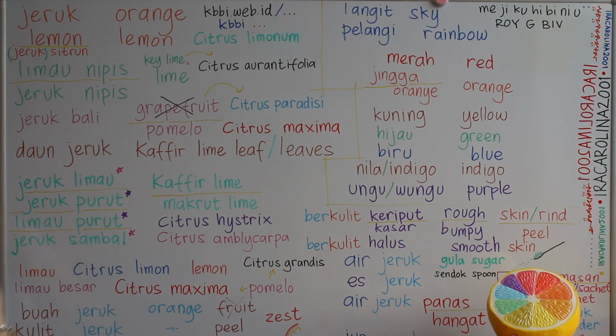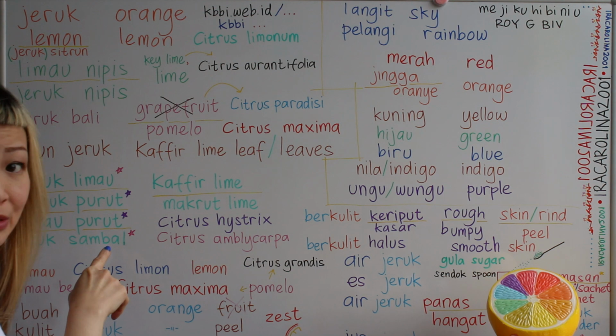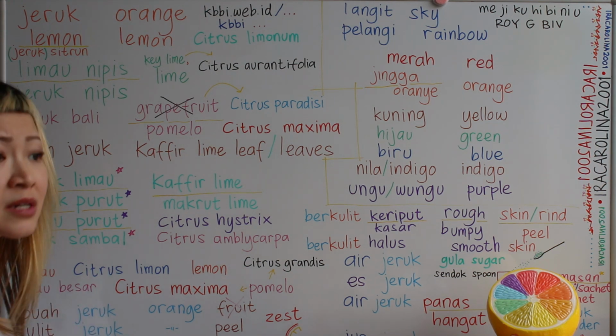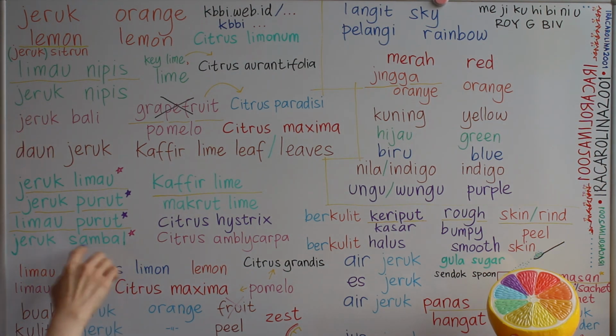Jeruk limau or jeruk sambal. Sambal is chili or chili paste or chili sauce. Even though in daily conversation you might hear it pronounced differently, some people say it one way, some people say it another.